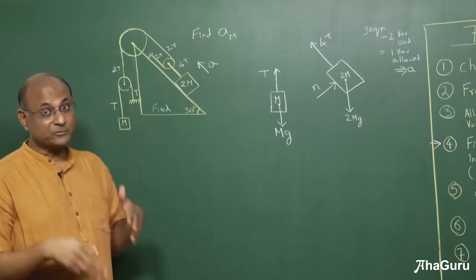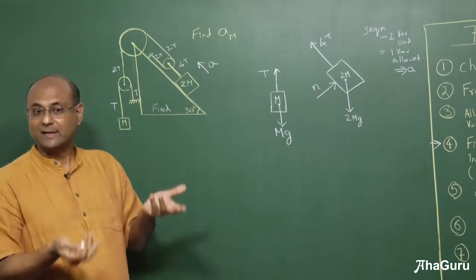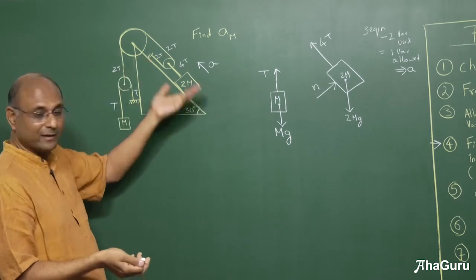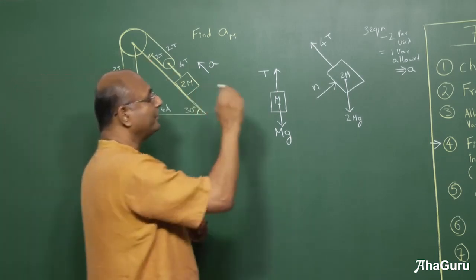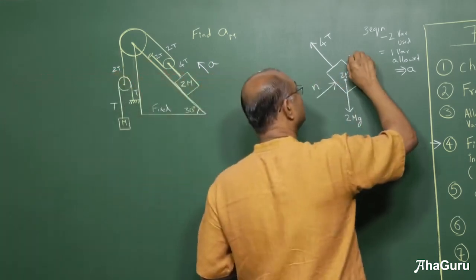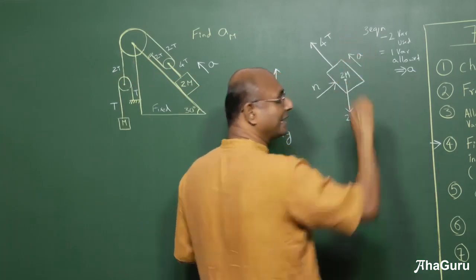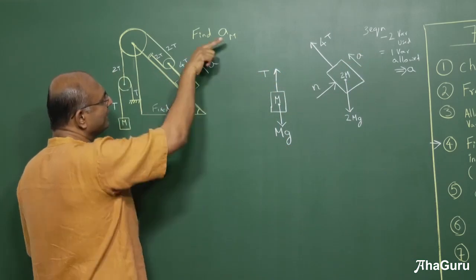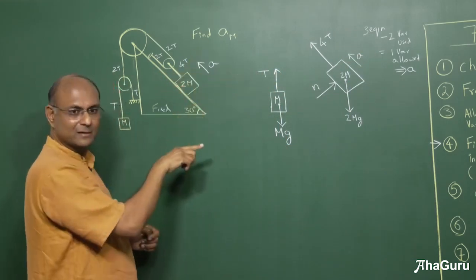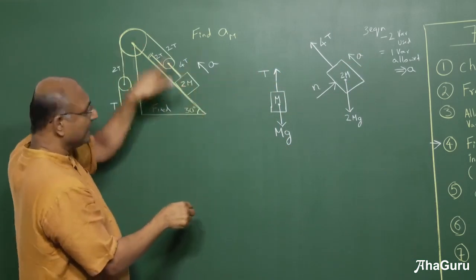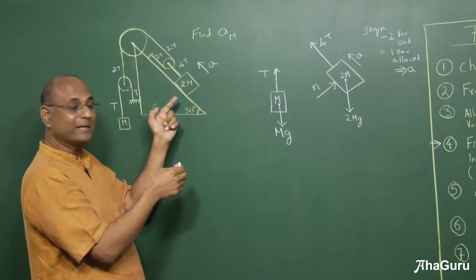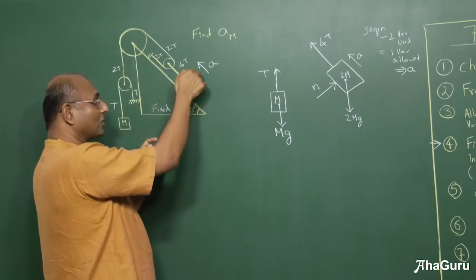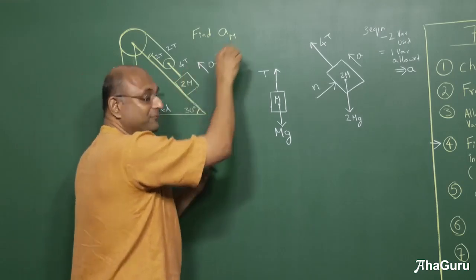Why up? Because for free and slack, moving things up is easier. So I'm going to make A go up. So I'm going to say this guy's acceleration is A in that direction. Wait a minute. Couldn't it also move like this? Couldn't it also move like that? No. Along the incline, you know that the normal force will make sure that this block does not go inside, but will also make sure it doesn't fly off.